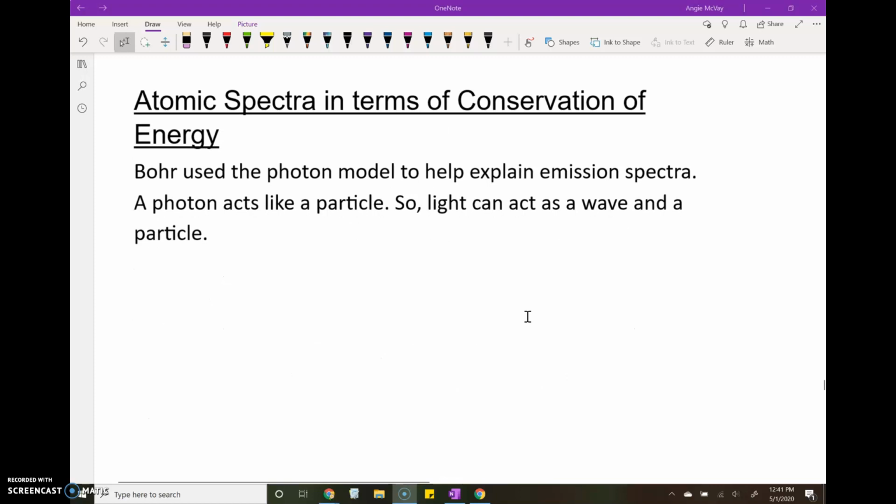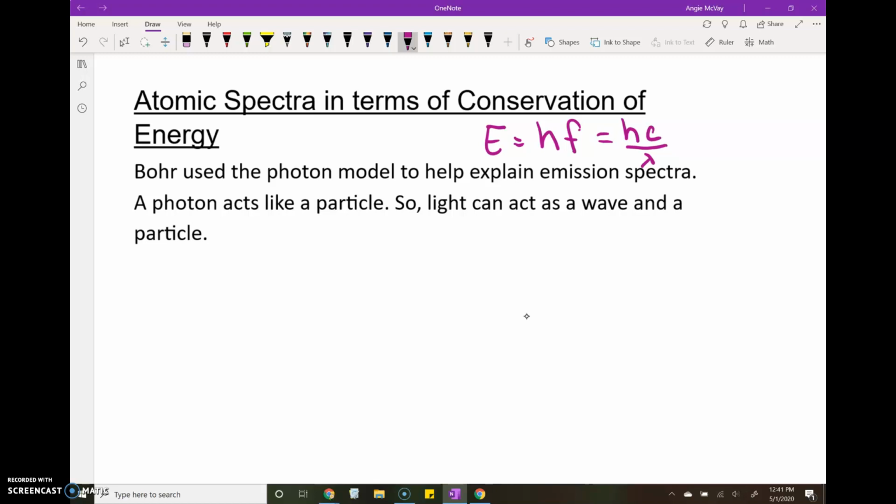All right, so Bohr used the photon model that Einstein came up with for light to help explain emission spectra. Remember, the photon model says photons have a specific amount of energy that's equal to hf, which can also be written as Planck's constant times the speed of light over wavelength, which sometimes is more convenient.